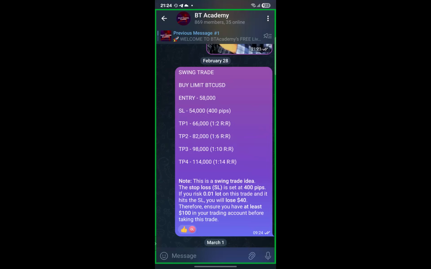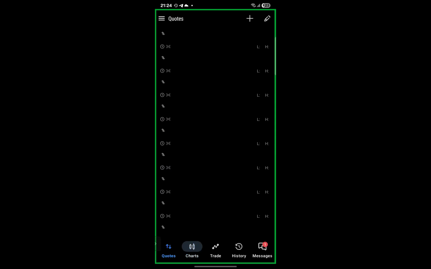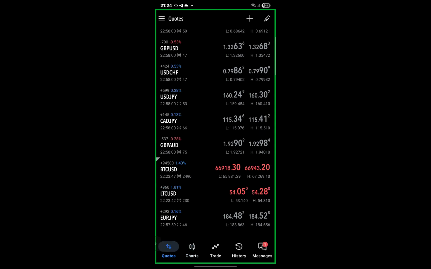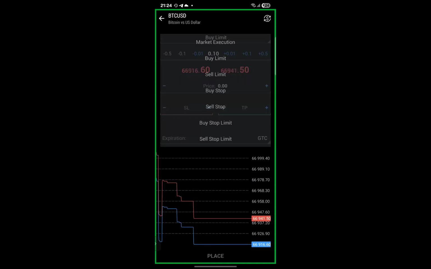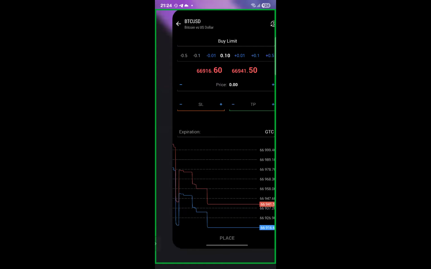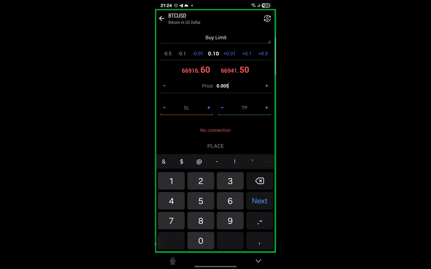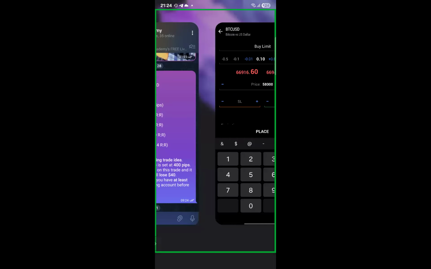Come over to our MT5 here. Tap on BTC USD, enter new order. Click on the market execution. Change to buy limit. Our entry price is what? 58,000. Our stop loss price is 54,000.